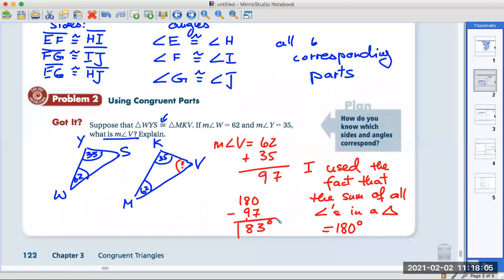And my answer is right here. How do you know which sides and angles correspond? I look at the way it's listed. Okay, that's how I know which parts go together.